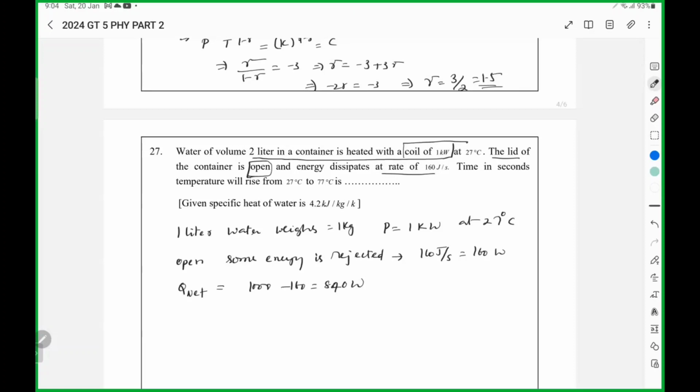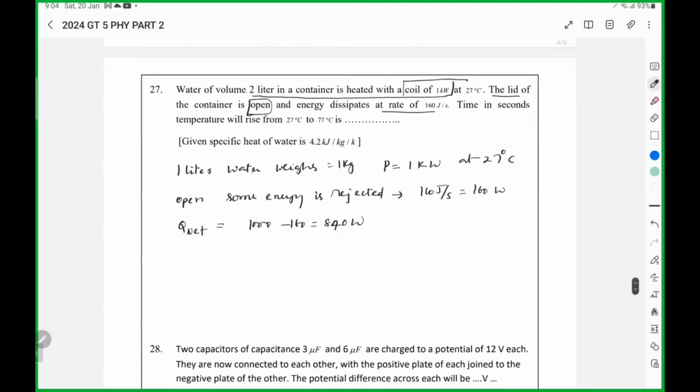So this much of energy per unit time is useful to increase the temperature. So that energy is equal to ms delta T. 1 liter, specific heat, kilojoules delta T.